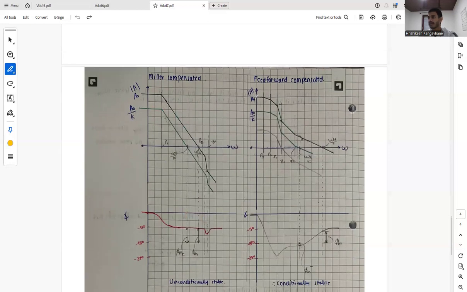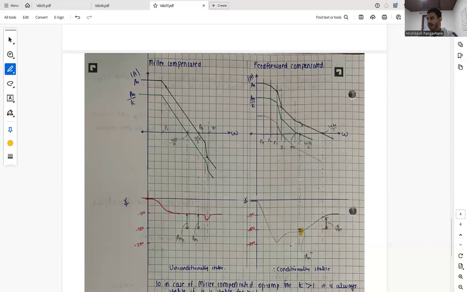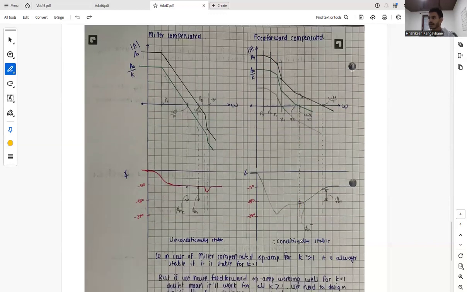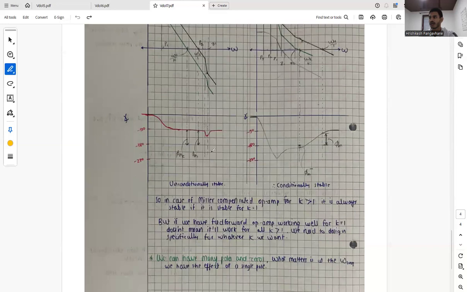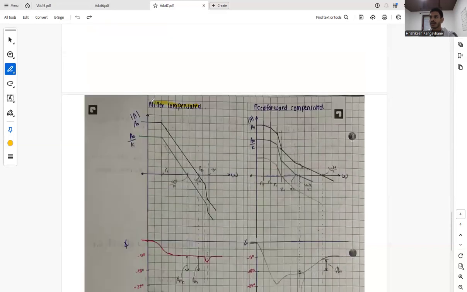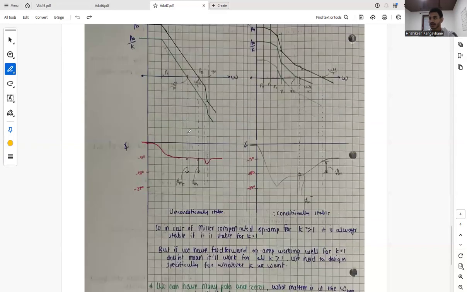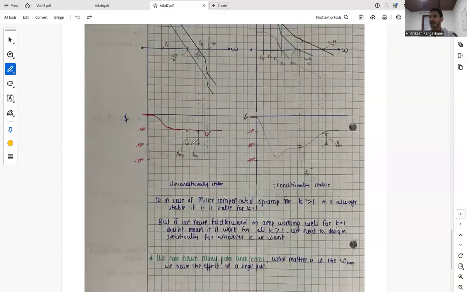But in the case we just saw, the feed-forward compensated op-amp, if we shift to higher values of k, or when our omega loop shifts to the lower frequencies, at the same time we will be getting instability due to the phase margin. So we can say that our feed-forward compensated op-amp is conditionally stable, and our Miller compensated op-amp is unconditionally stable when it comes to this kind of analysis.